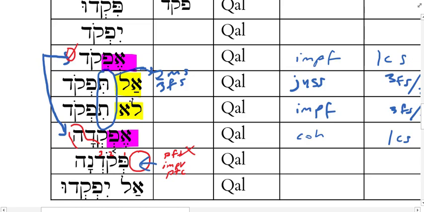Let's go to the participle. What vowel pointing should I normally be looking for with the Qal participle, root 1? This was chapter 16. What's the vowel pointing for the participle in root 1?